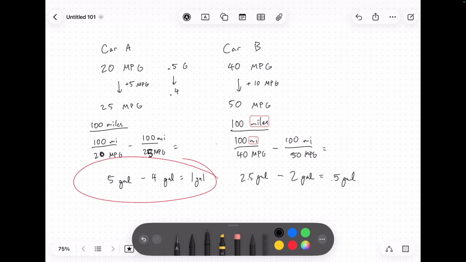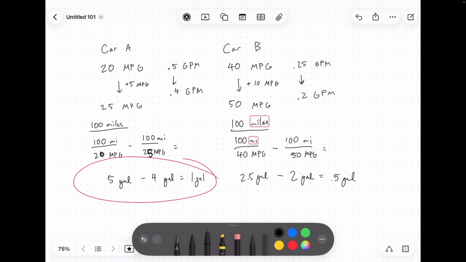So this is gallons per mile, whereas here, 1 over 40, this would be 0.025 going to 0.02 gallons per mile, right?